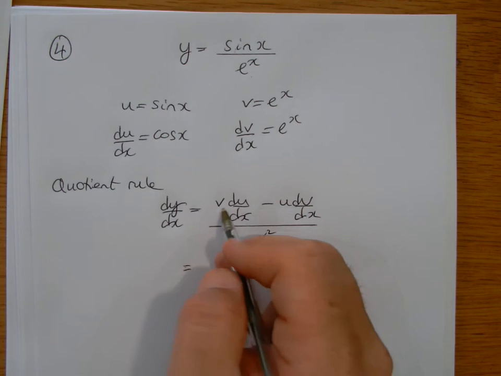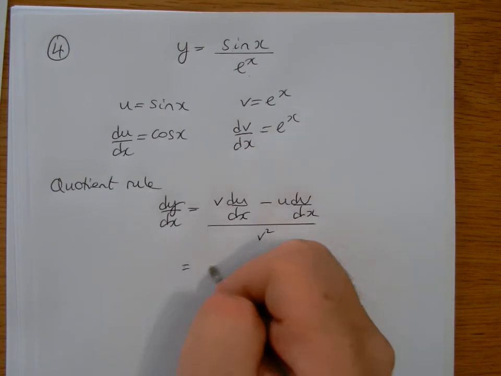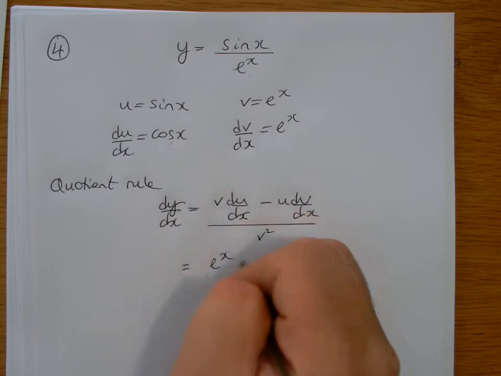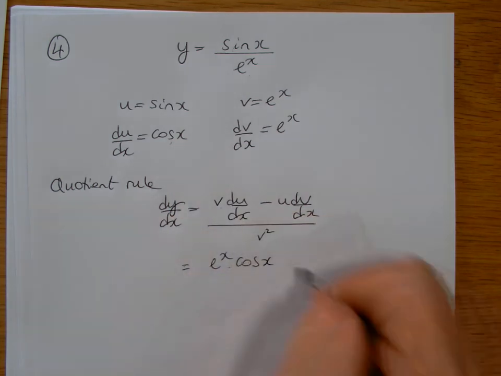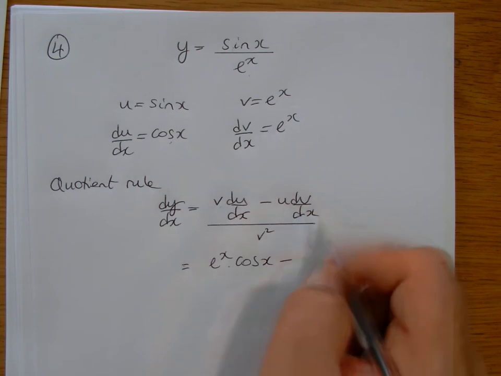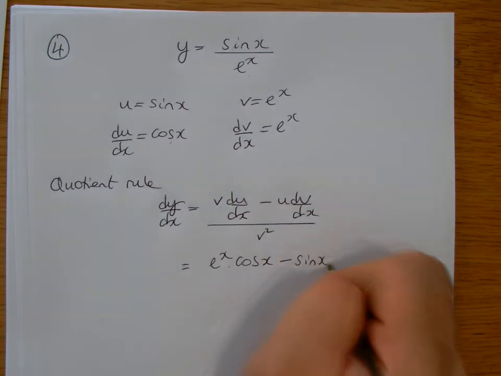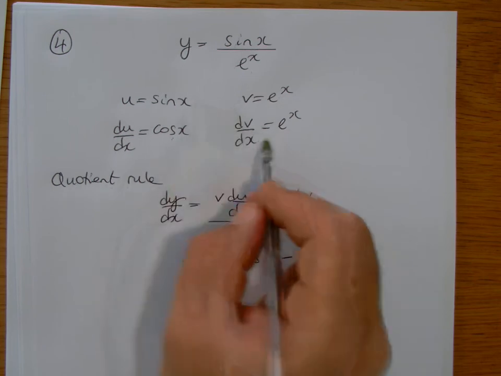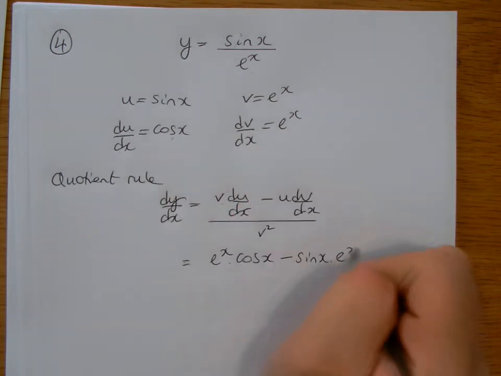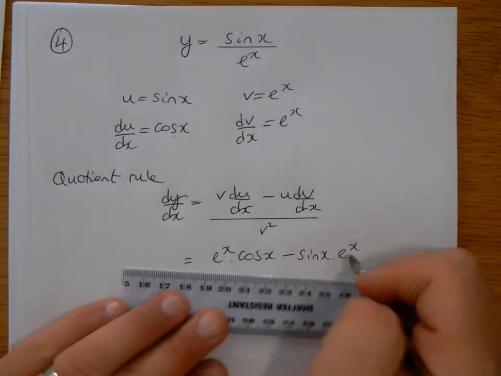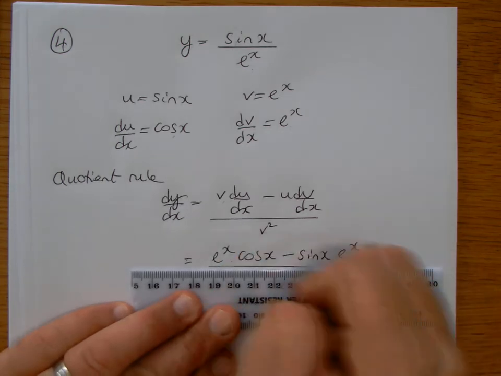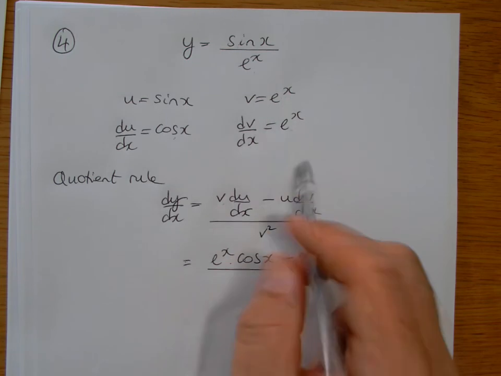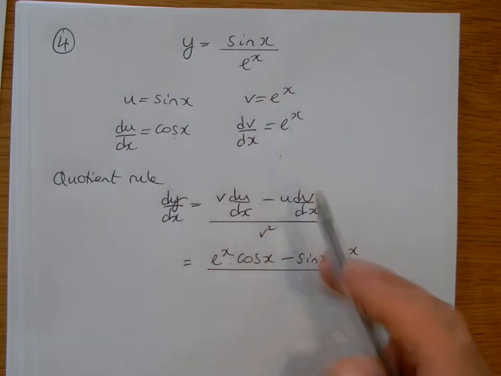So on top we've got v, which is e to the x, times cos x, take away u, which is sine x, times dv dx, which is e to the x, okay? On the bottom, we've got e to the x for v, and we've got to square it.